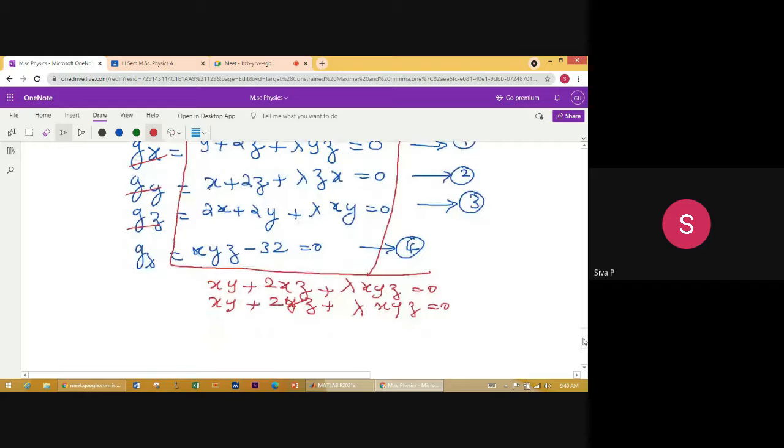Okay. In case you multiply with z here: 2xz plus 2yz plus lambda xyz equal to 0. All are xyz only.